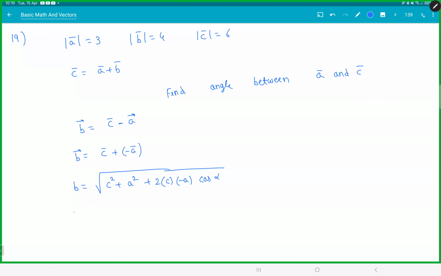Is that clear, everyone? Substitute the values. So this guy will be 16. This will be 36 plus 9, and there will be a minus sign there, 2 into C is 12, minus 36 cos alpha. B is 4. Square it on both sides. 16, 45.